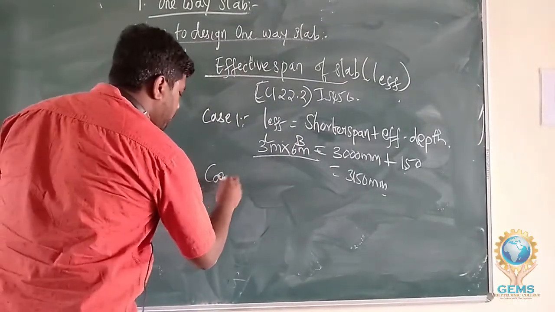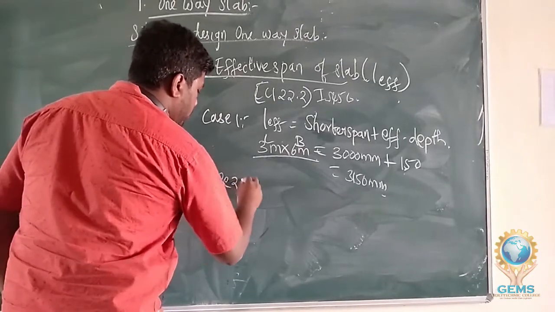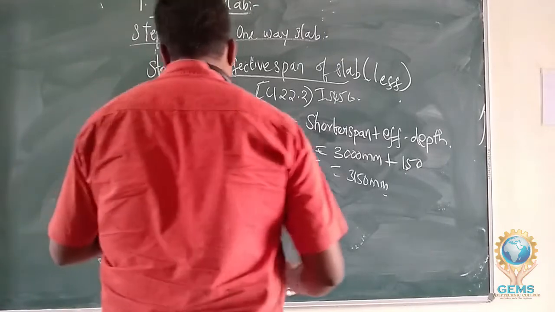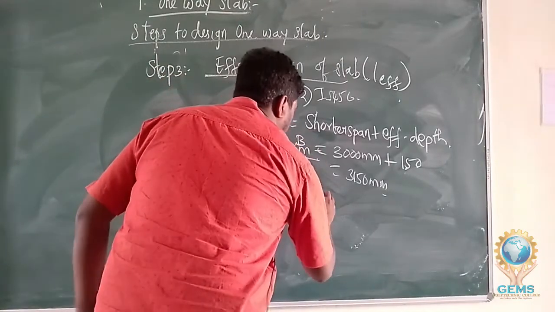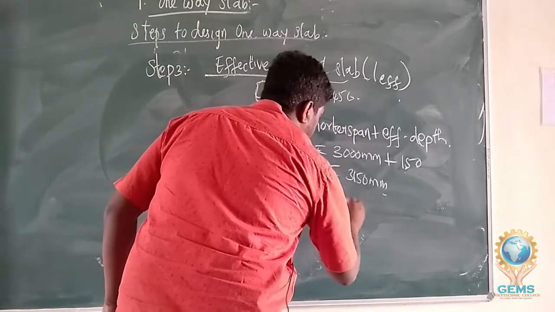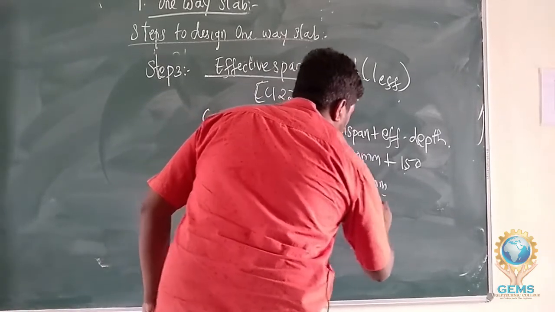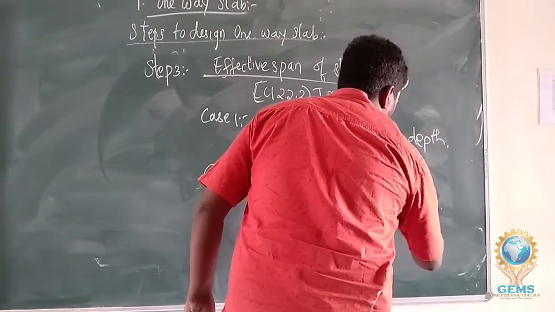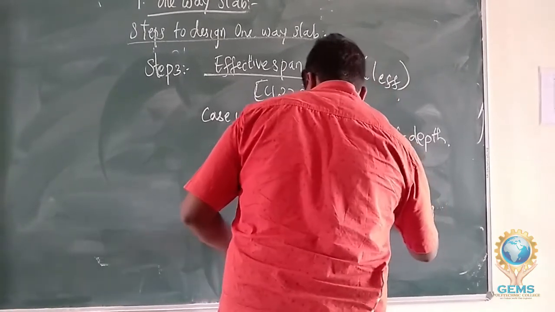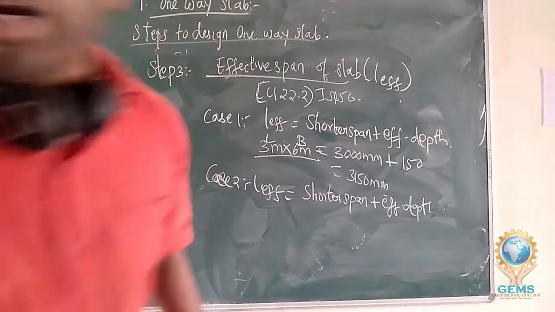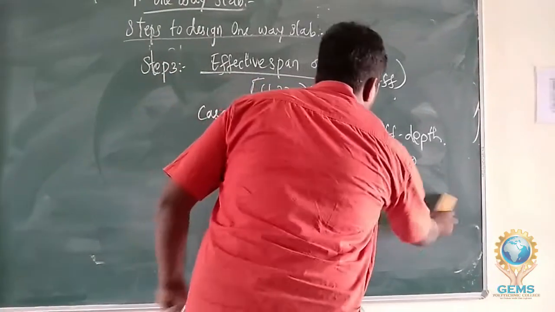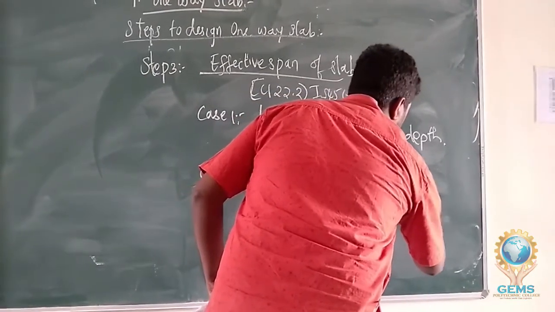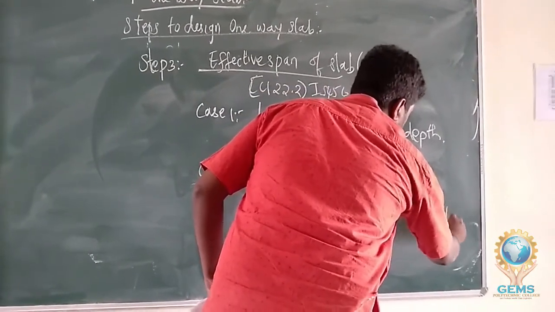Case 2: L EFF, the effective span, is equal to the shorter span plus the width of end supports.